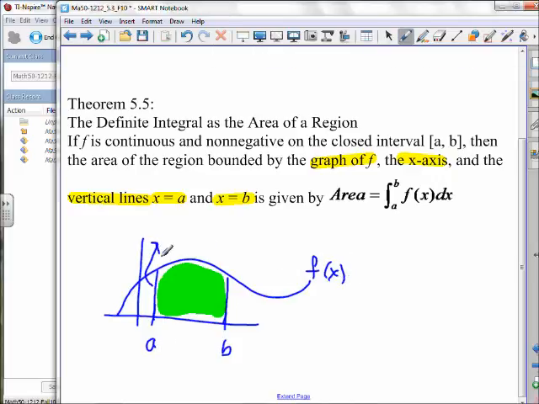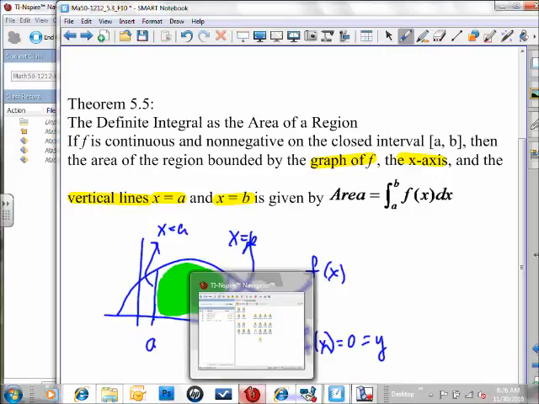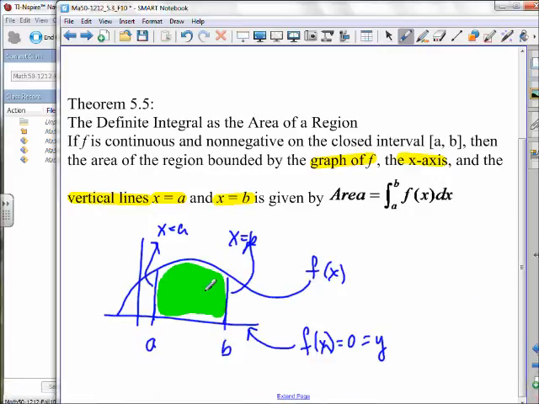What's the equation of that line? It's a vertical, so x equals a. What's the equation of this line? x equals b. And what is that line? Well, actually, it's f of x equals 0, or if you want, just y equals 0, otherwise known as the input axis. Okay? So we are looking at the area in here.